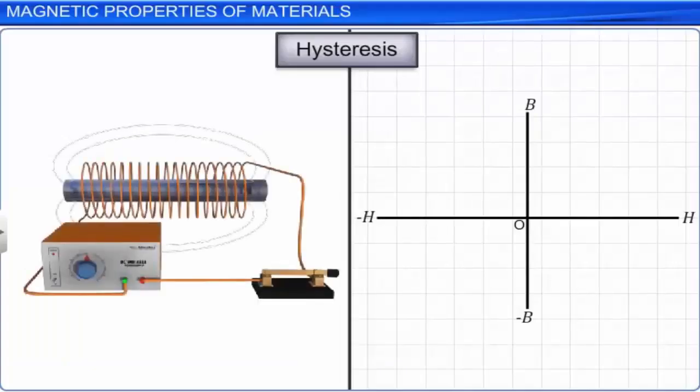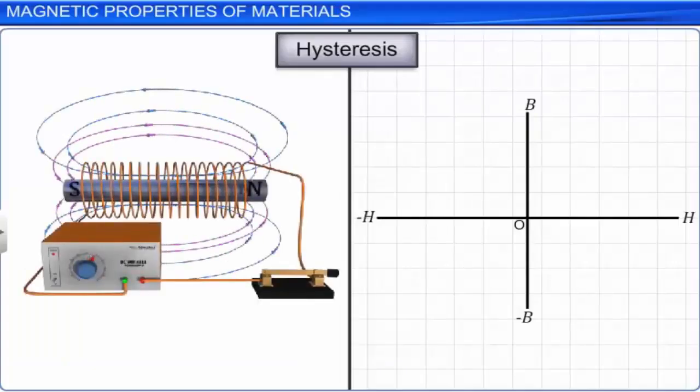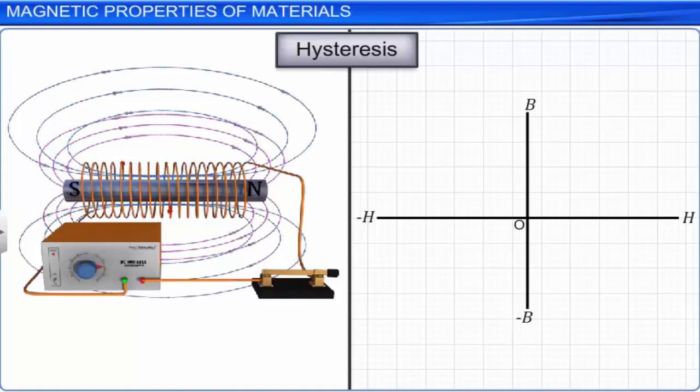When the current passing through the solenoid increases, the magnetic field in the core of the solenoid H also increases. As a result, the magnetic field strength B in the ferromagnetic material placed in the solenoid also increases. This is represented by the curve OP in the graph, which shows the alignment and merger of domains, and no further enhancement is possible after this.